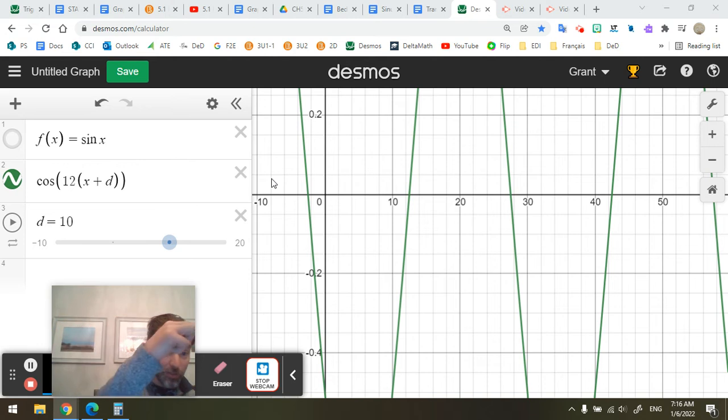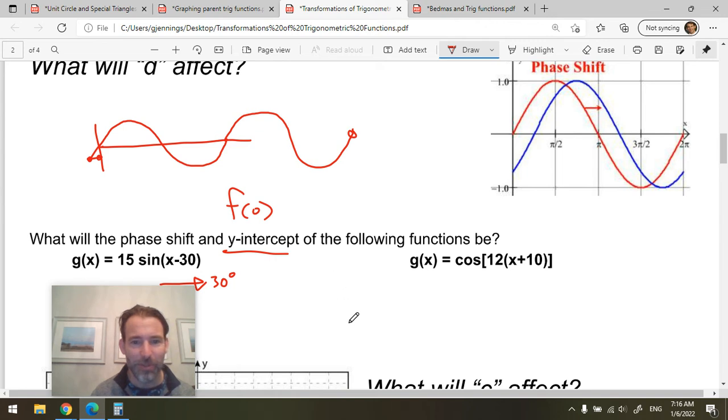So that was moved 10 units to the... No, this way. I'm confused about left and right. This one was moved 10 units to the left. Yeah, 10 units to the left.